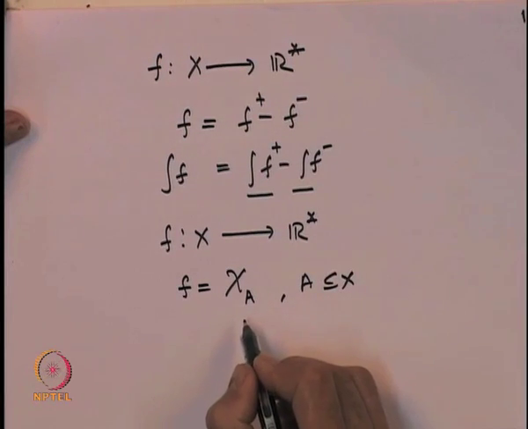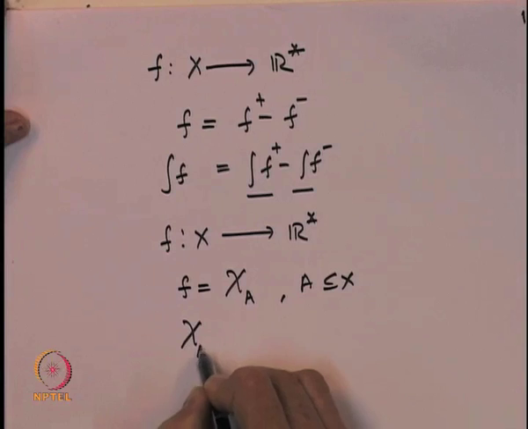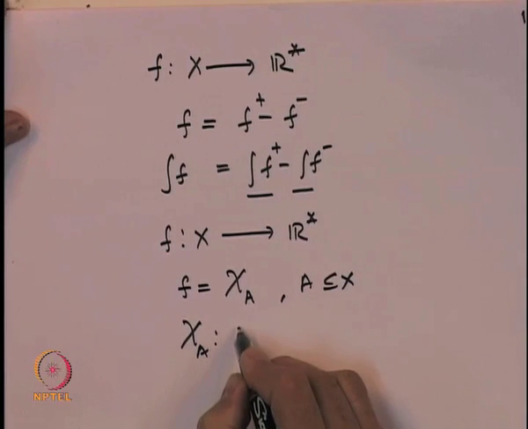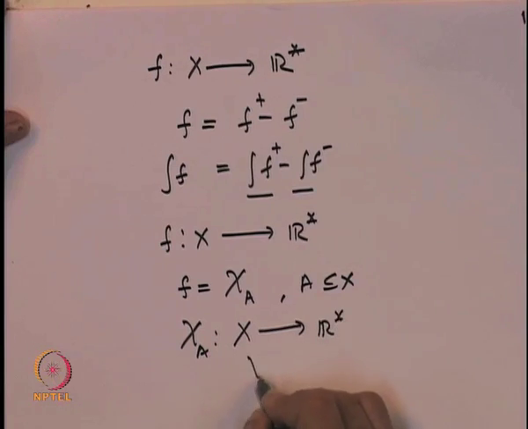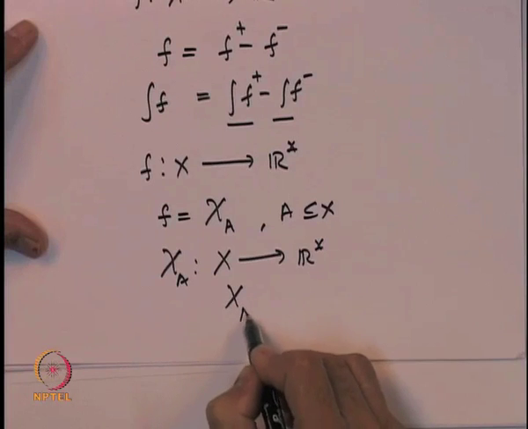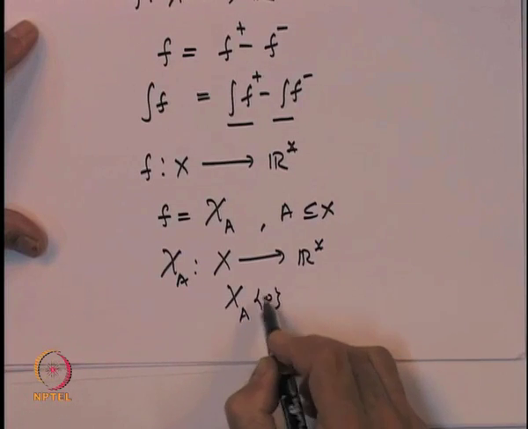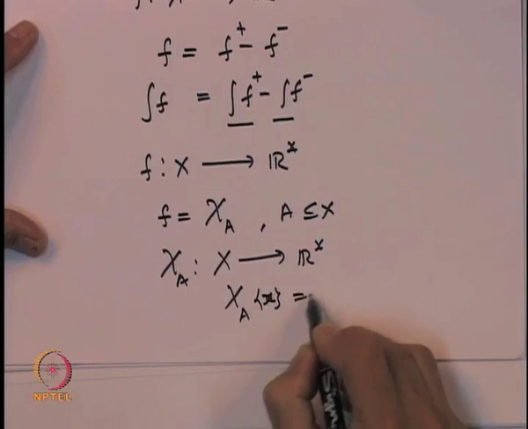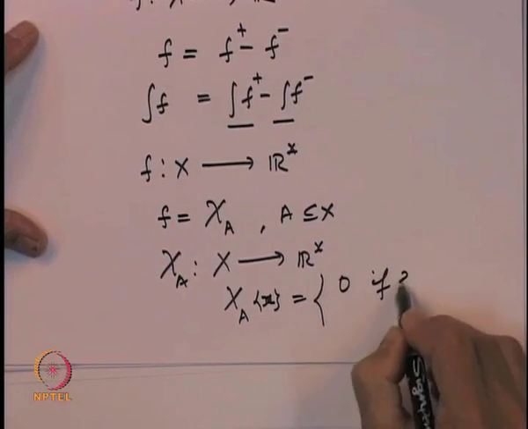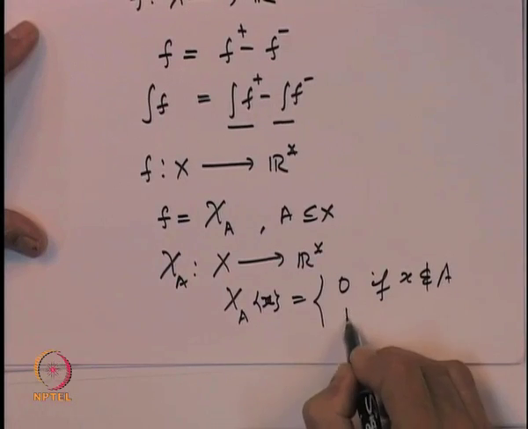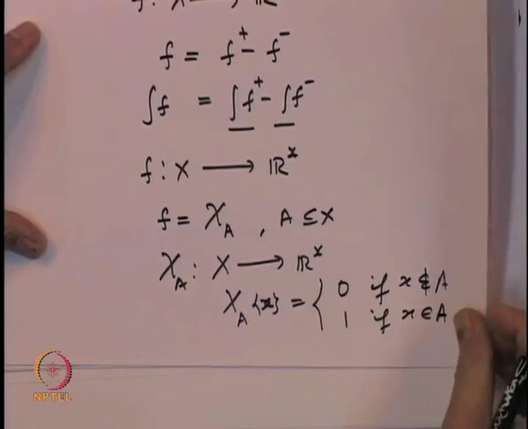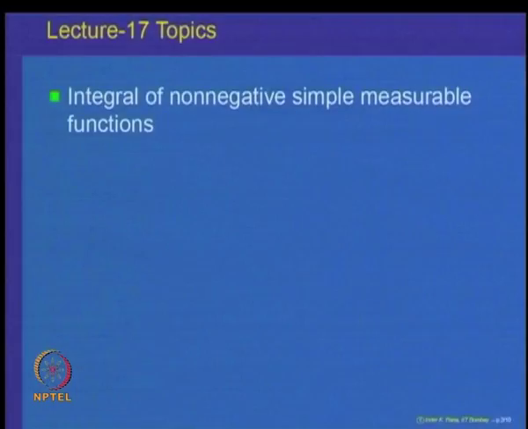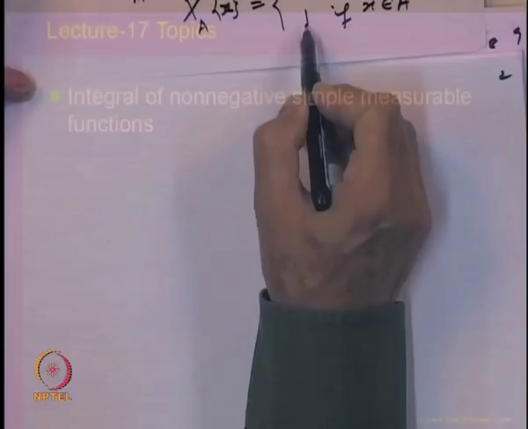This is a function which takes only two values. So, the indicator function of A is a function on x taking values in r star. So, chi of A at a point x is equal to 0 if x does not belong to A and is 1 if x belongs to A. So, one can think of this function as taking only two values.